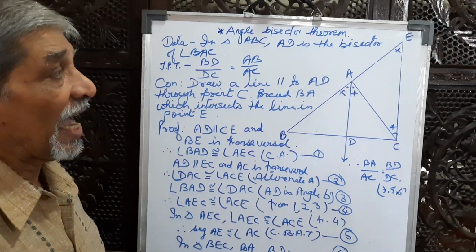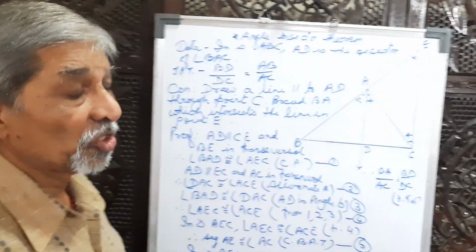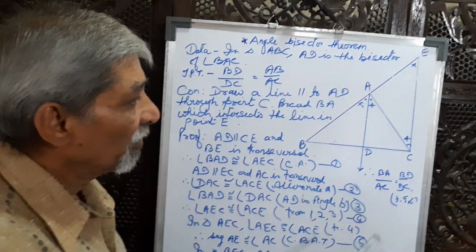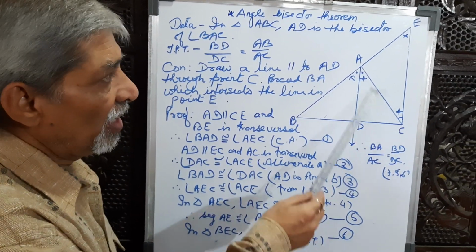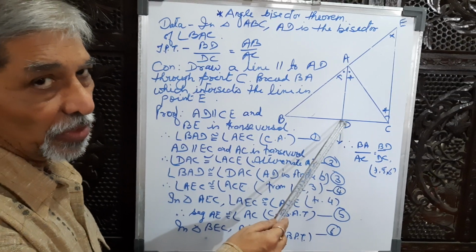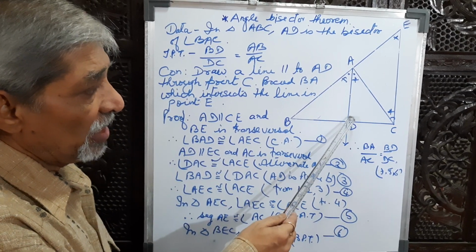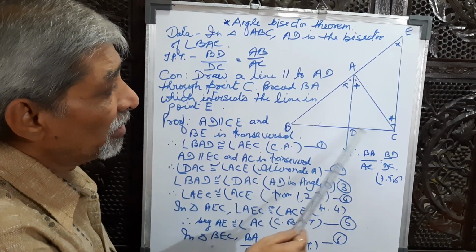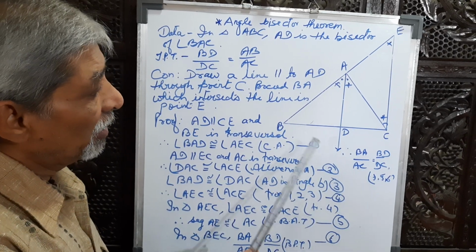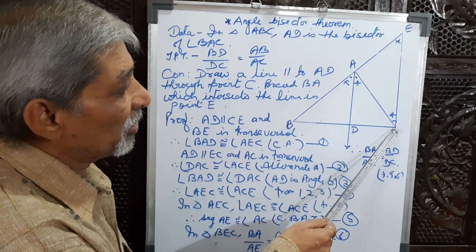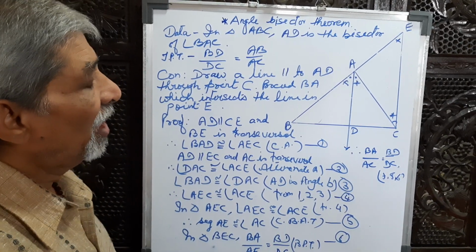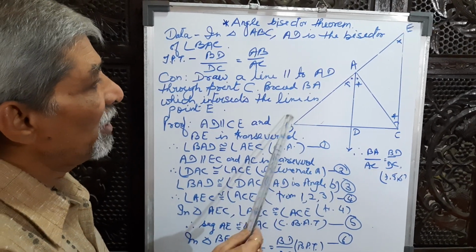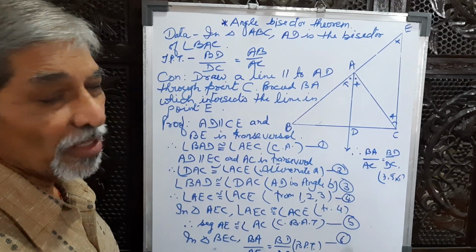Let us understand what the theorem is in this triangle. If triangle ABC is given and AD is the bisector, this AD is dividing BC in the ratio of BD upon DC, and this BD upon DC is equal to AB upon AC. This is the theorem.